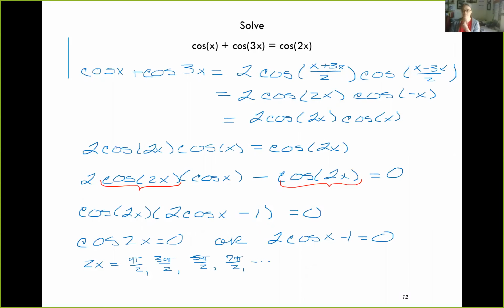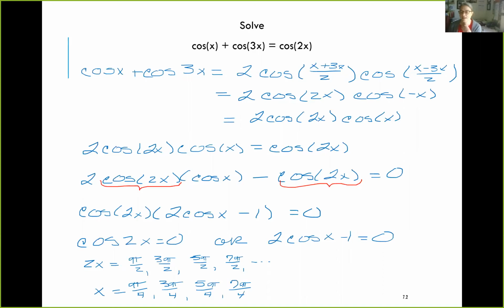Got to divide all those by 4, and we end up with x equals pi over 4, 3 pi over 4, 5 pi over 4, 7 pi over 4.